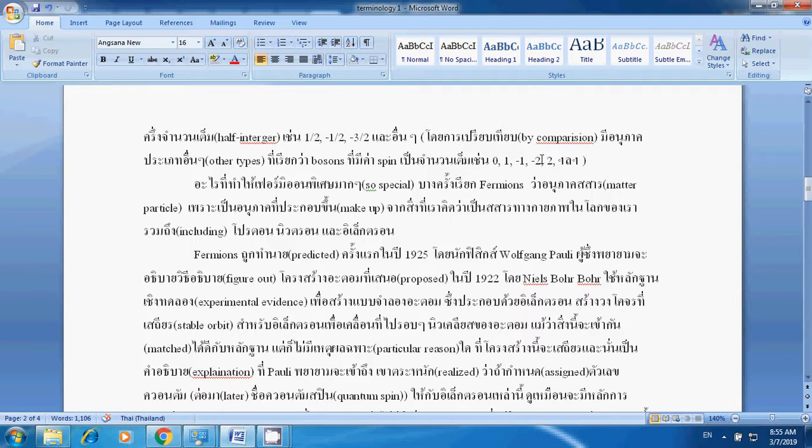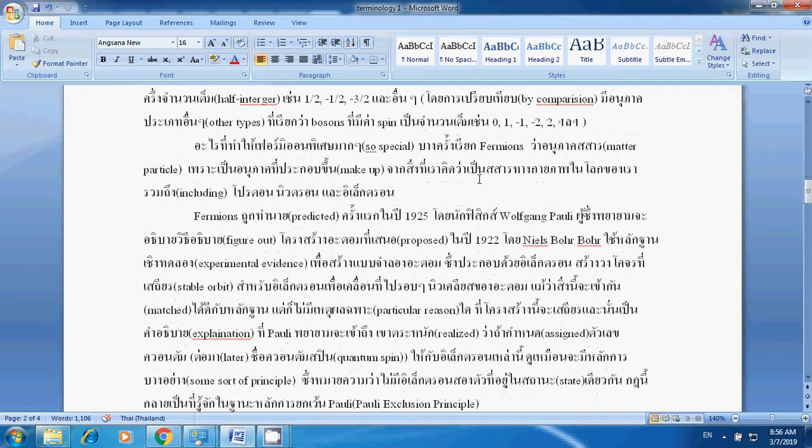By comparison, there is another type of particle called bosons, which have a spin that is an integer number, for example 0, 1, minus 1, minus 2, 2, etc. Now, what makes a fermion so special?